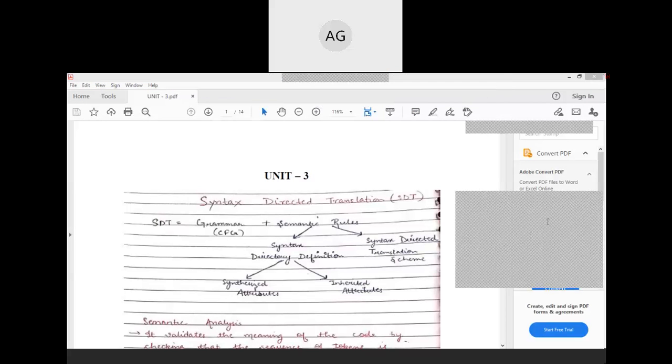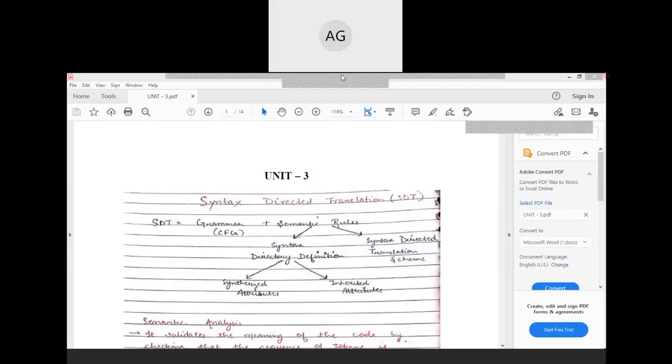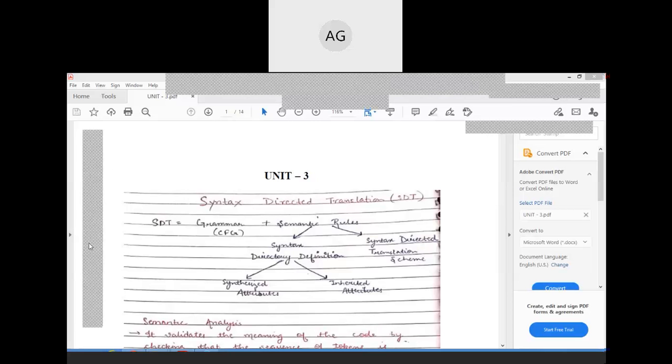Okay. So today we are going to start Unit 3 of Compiler Design. As you can see on your screen, Unit 3 is basically syntax directed translation. So what does syntax directed translation mean?